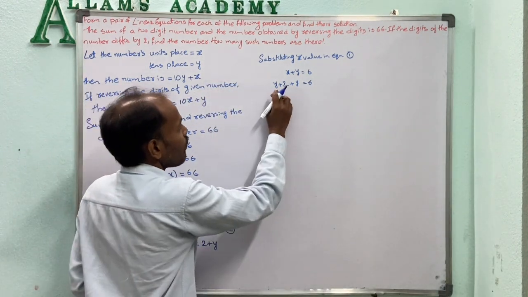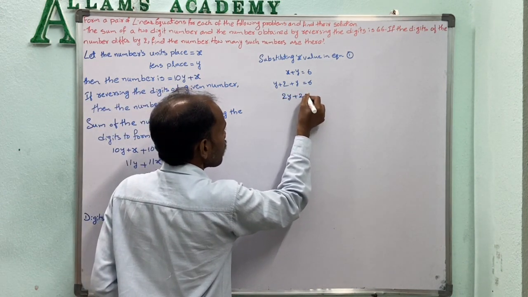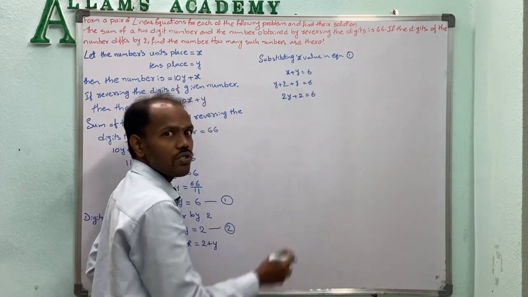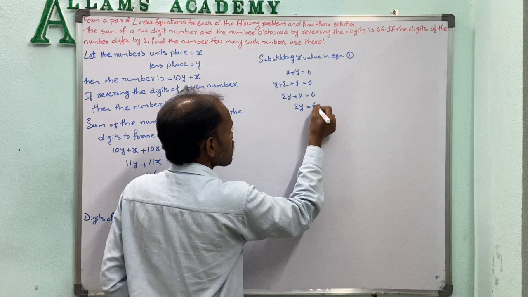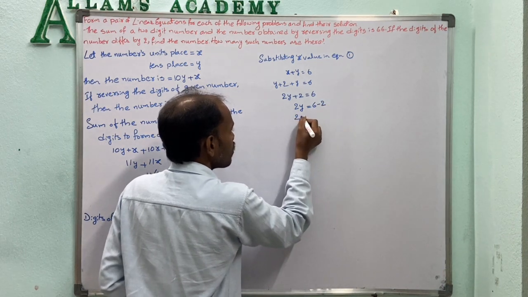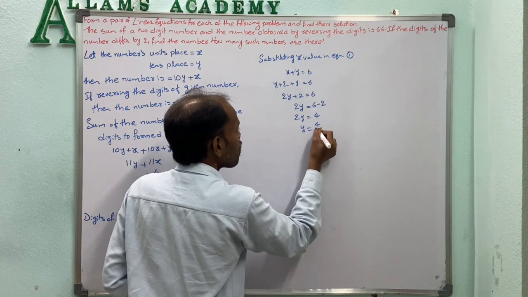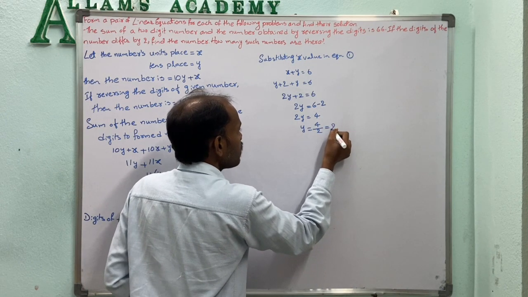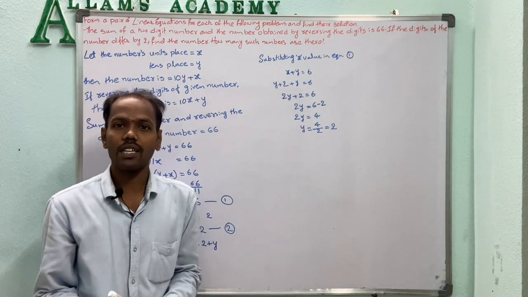So y plus y equals 2y, 2y plus 2 equal to 6. Now plus 2 transfers to that side as minus 2. So 6 minus 2 equal to 4. So y equal to 4 by 2, which is 2.